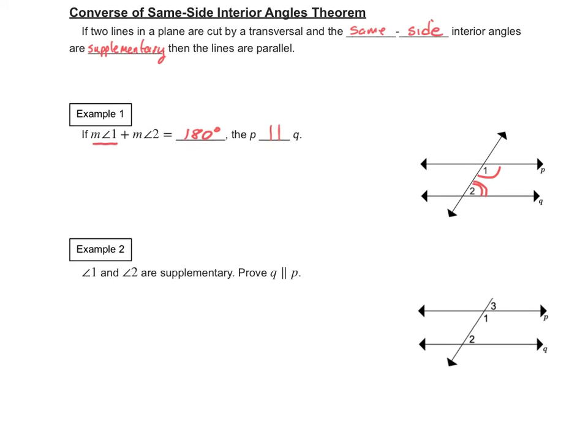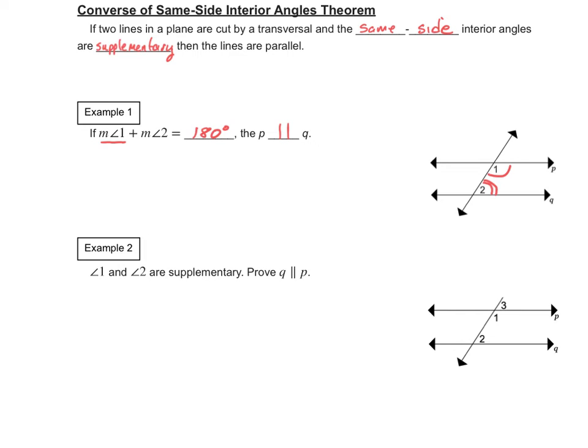Now our next example: if we have angle 1 and angle 2 supplementary, that means that angle 1 and angle 2 equal 180 degrees. Let's prove that Q is parallel to P. So they want us to prove those two lines are parallel.